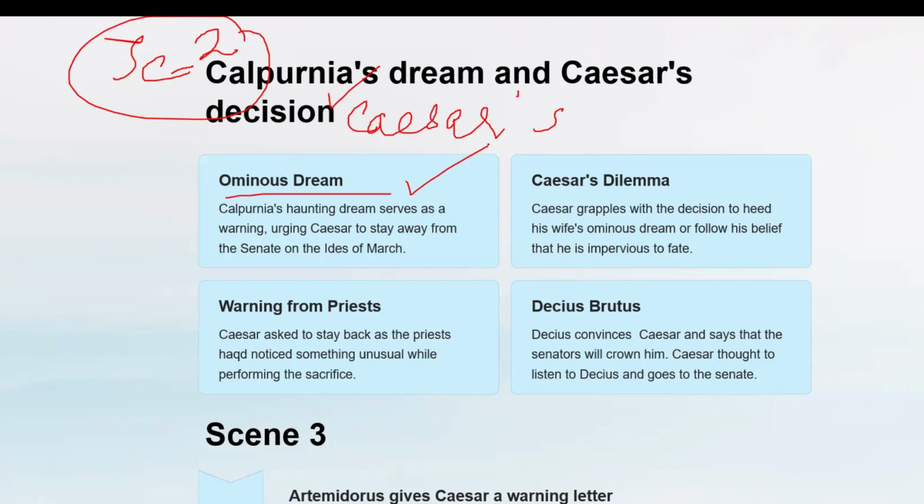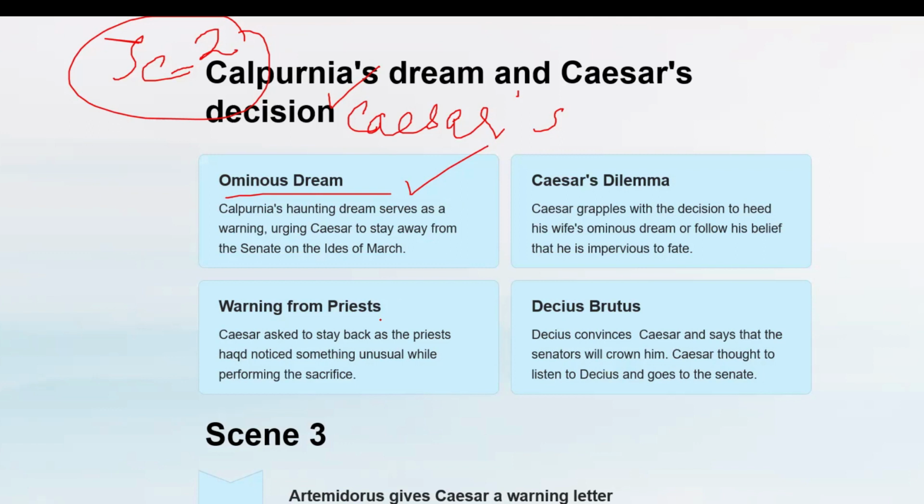Calpurnia sees a dream and she says, I've never believed in all these things, but I have some kind of a premonition that today is not a good day for you to go out, so it's better you stay back. And we all know that that was the day of the Ides of March, and Caesar had even been warned earlier.